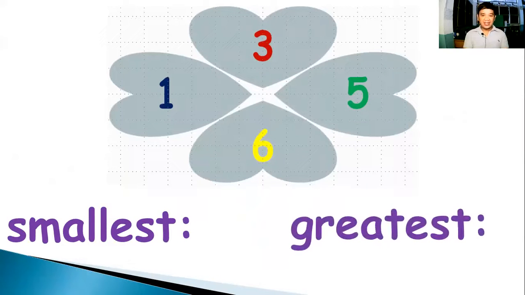Let us answer. What is the smallest number? Very good. It's 1. And what is the greatest number? Very good. It's 6. Clap our hands. All right, next.